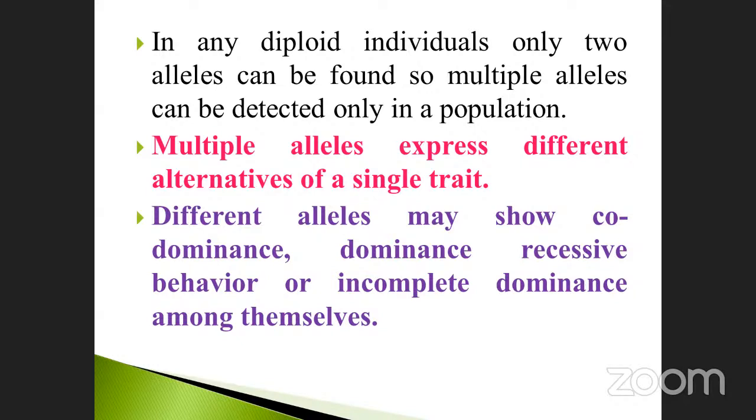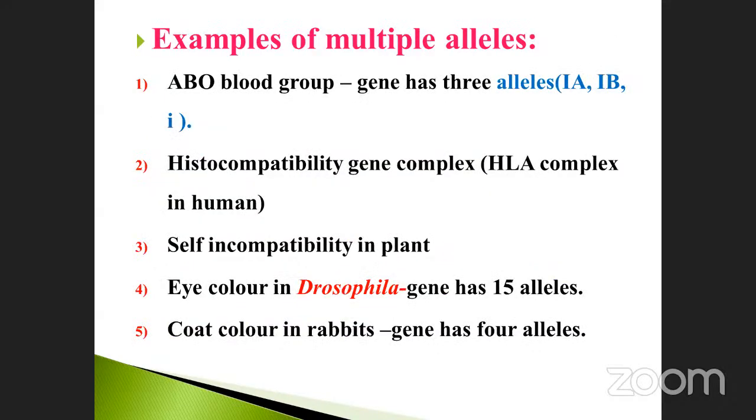We cannot say which one is dominant; each one has a specific property. See here, these are the examples given for multiple alleles. The ABO blood group, already discussed: the gene has three alleles, IA, IB, and i. So this is the first one.